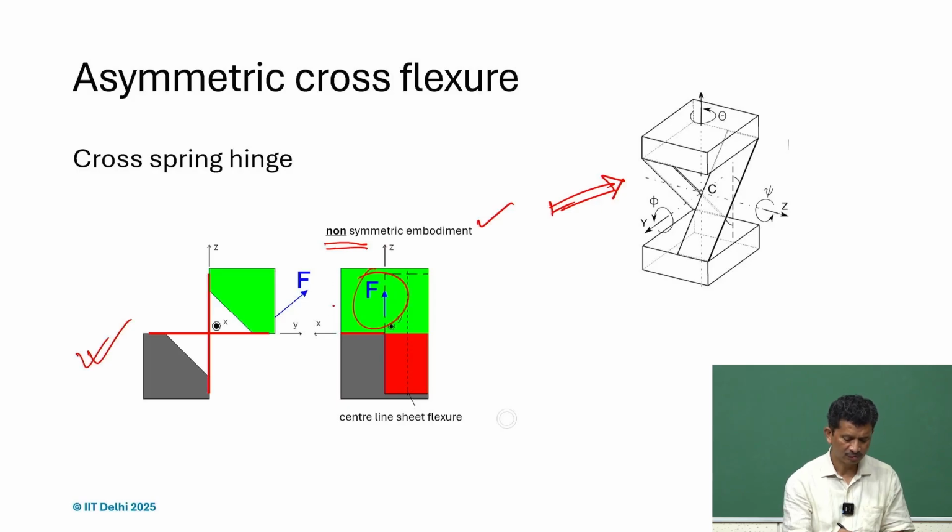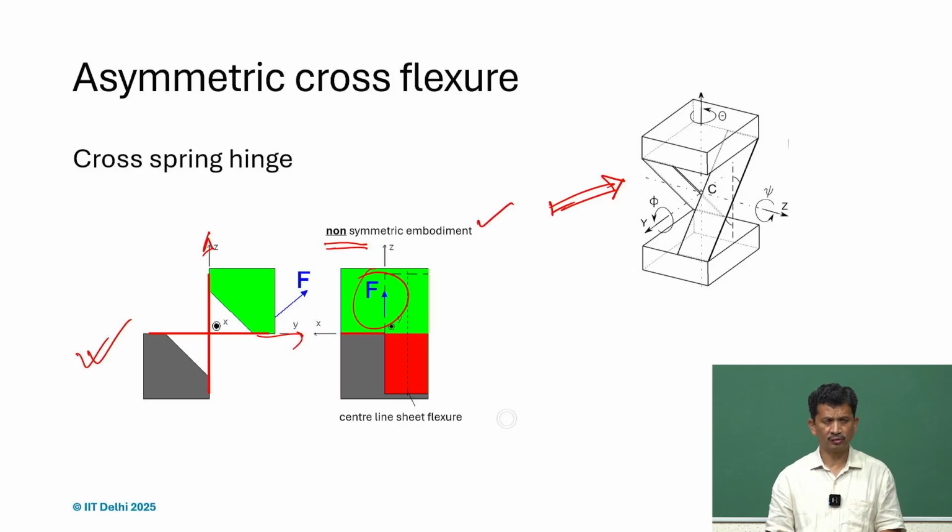It should be at the middle, and this will be the bearing load, right? We can always write in terms of Y and J. The dominant load will be taken by these two flexures, but we can always have a moment. We can apply this twisting moment and get a hinge out of it.